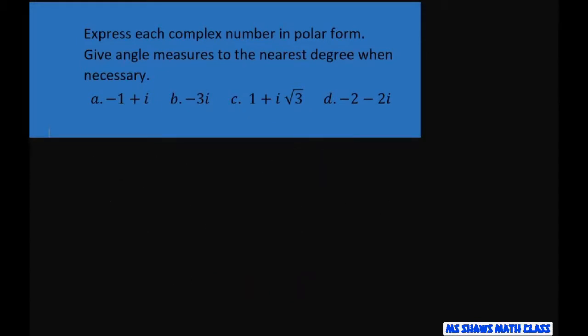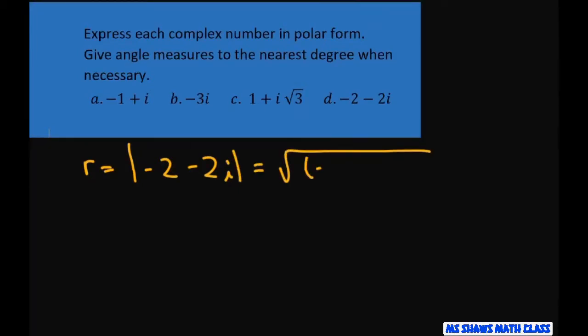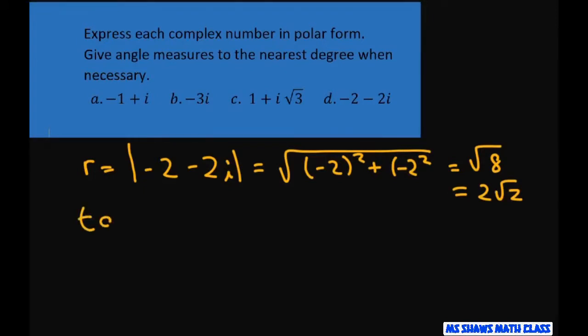And finally, the last one, we have r equals the absolute value of negative 2 minus 2i, which equals the square root of negative 2 squared plus negative 2 squared, which equals square root of 8, which equals 2 square root of 2. Then you're just taking inverse tan of negative 2 divided by negative 2, and that equals 45 degrees.